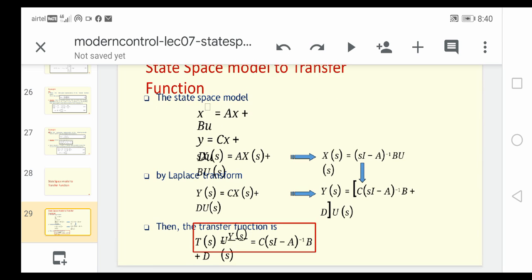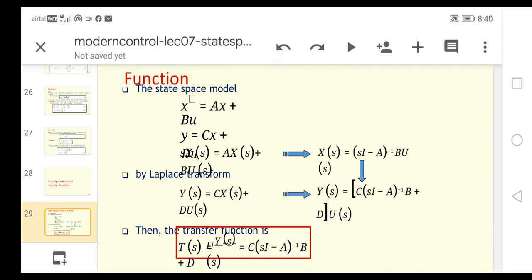X of s is equal to (sI minus A) whole inverse into B into U of s, and in the output equation Y of s, in the place of X of s you need to substitute (sI minus A) whole inverse into B into U of s. Finally you get the transfer function is equal to C into (sI minus A) whole inverse into B plus D.